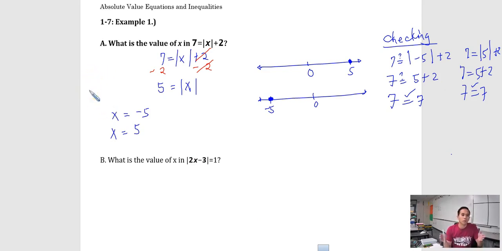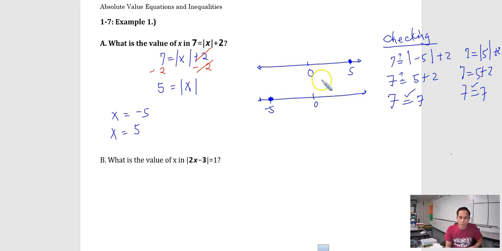So there are two answers here. First, we have to write and solve the equation for the two possibilities. The expression inside your absolute value symbol can be positive or negative. So the expression 2x minus 3 can be equal to 1 or negative 1.